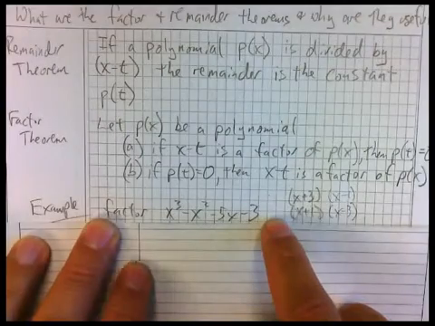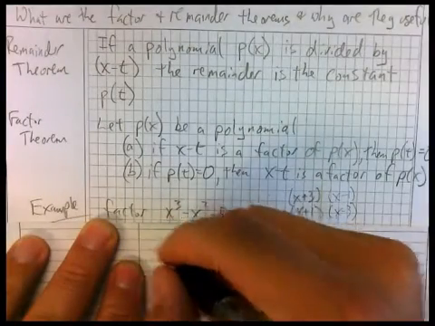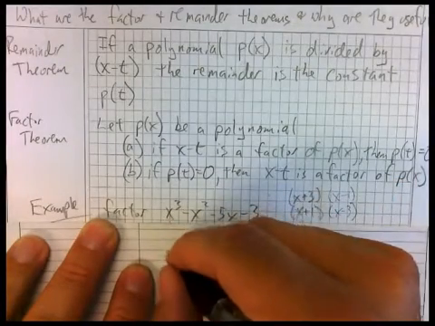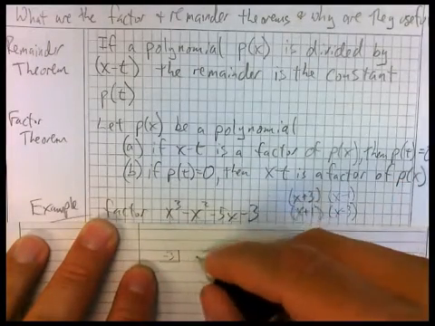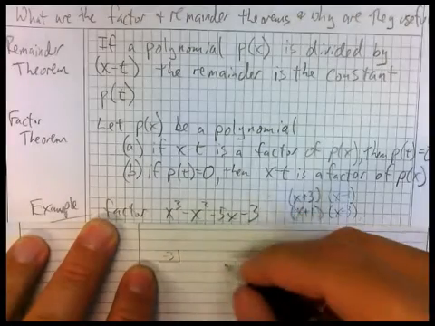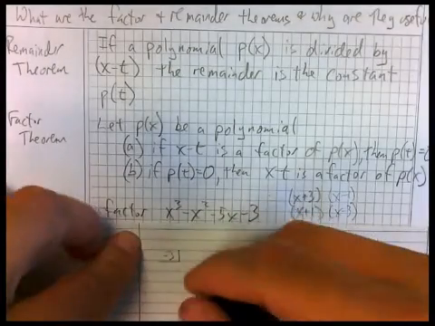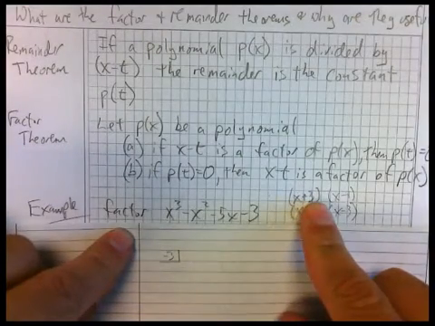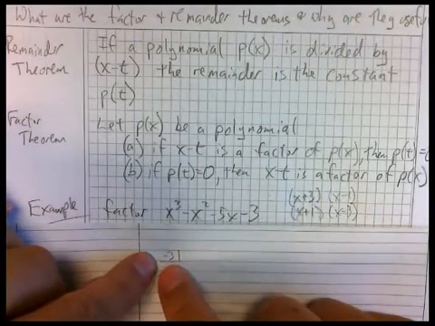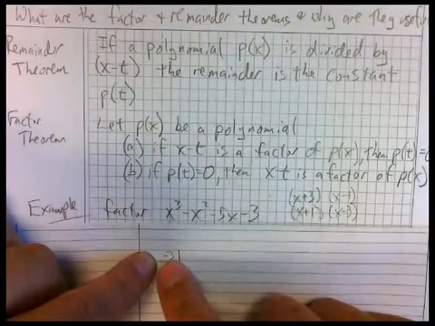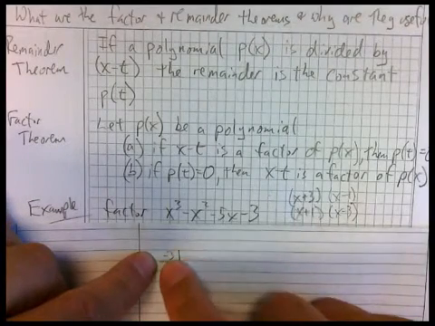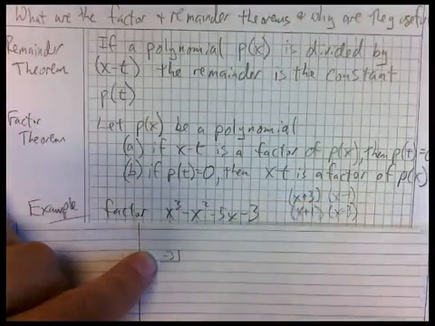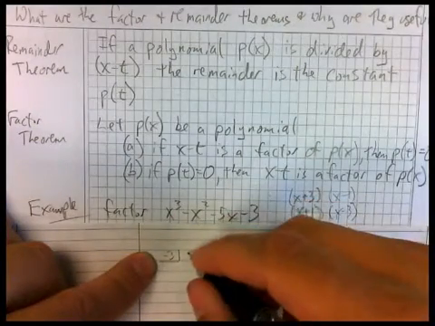Well, another way to think of that is if negative 3 goes into here, and I can just do negative 3 synthetic. I can do synthetic division using negative 3, because if x plus 3 is a factor of this, then I should get a remainder of 0 when I use negative 3, because remember, the number that's here is the root of that factor.